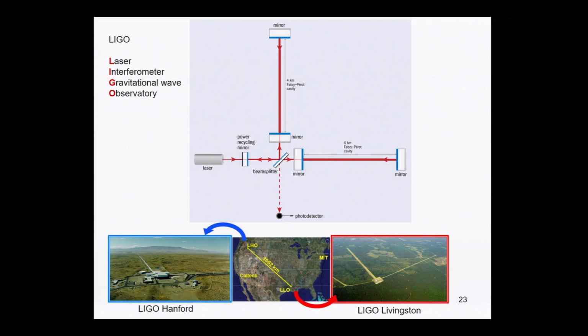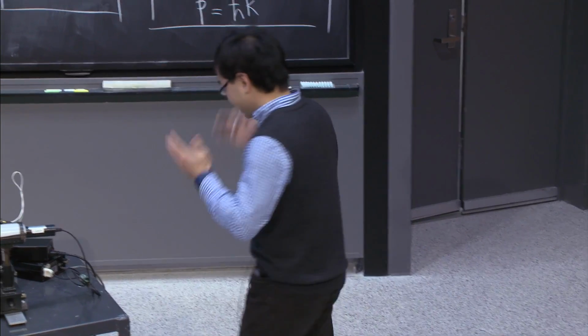One is in Hanford, the other one is in Livingston, and they are 3,000 kilometers away from each other, so that there should not be any correlation between the signal coming from earthquakes or dancing of graduate students or whatever, right?